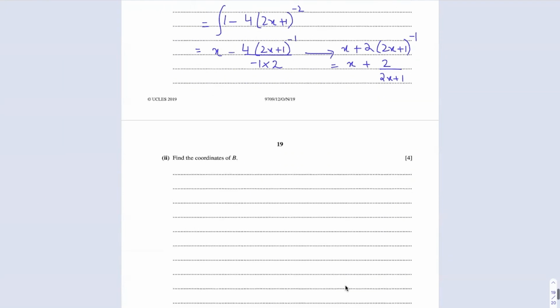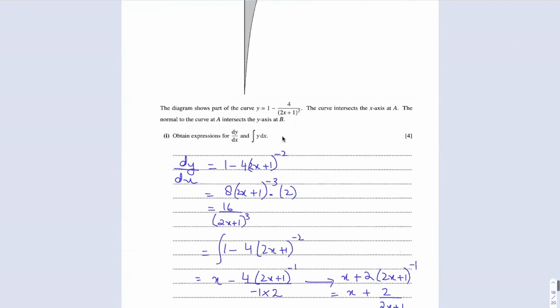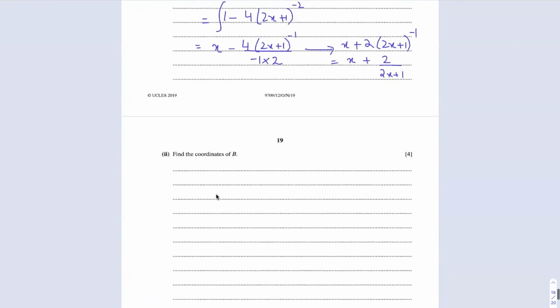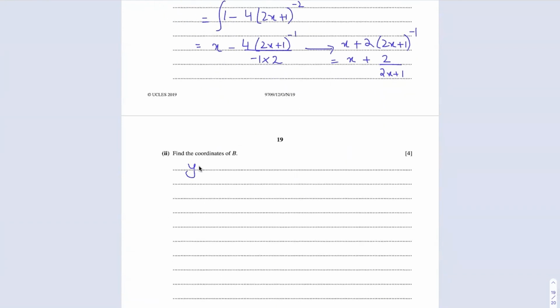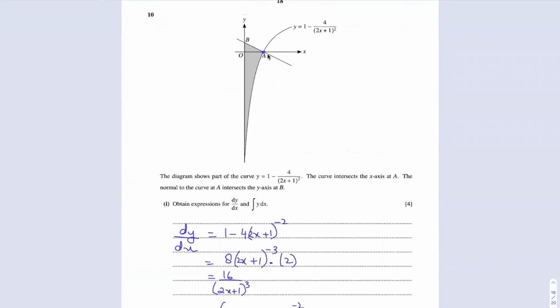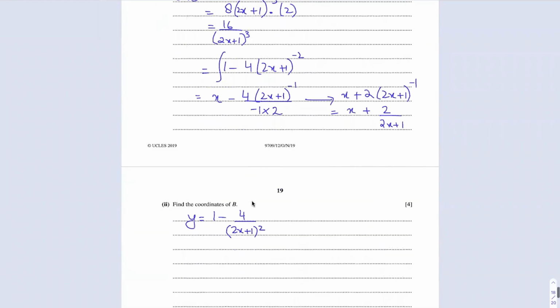In part 2, it says find the coordinates of B. Now we know that the normal to the curve at A intersects the y-axis at B. So the equation is y equals 1 minus 4 upon (2x + 1) whole squared. We know that A is the point which is on the x-axis, so at this point, the y-coordinate will be 0.